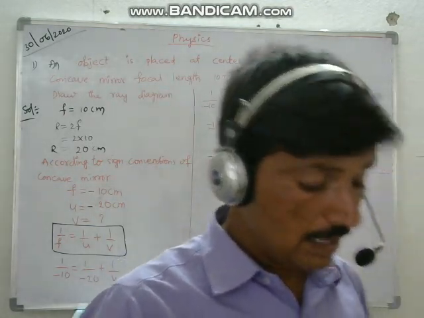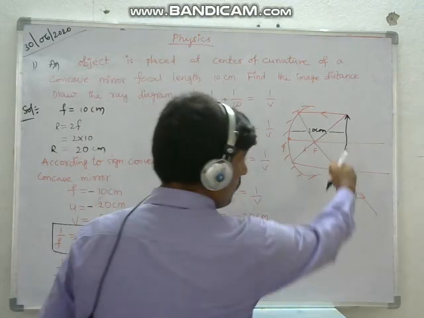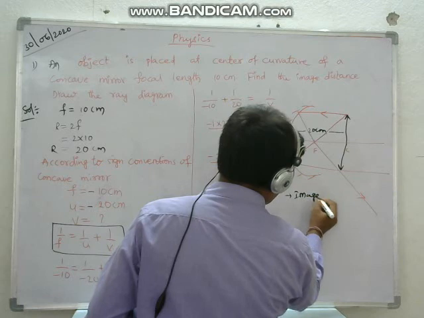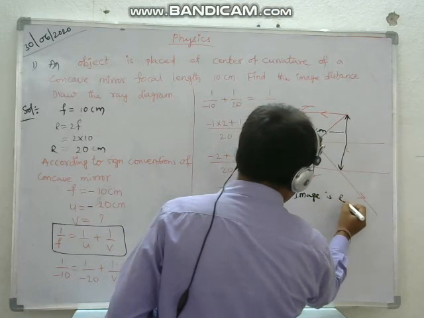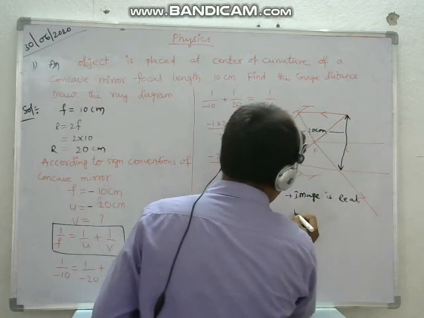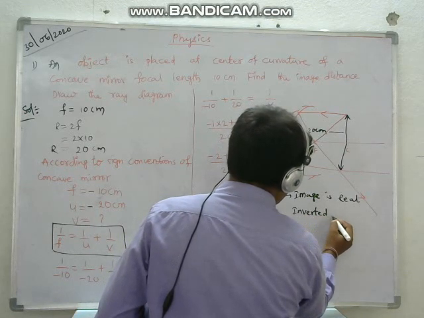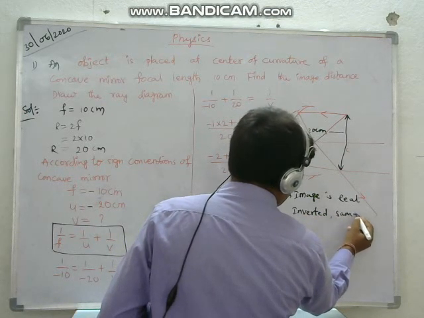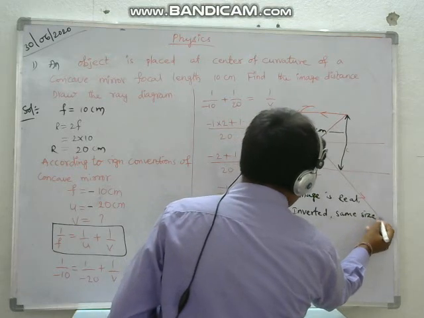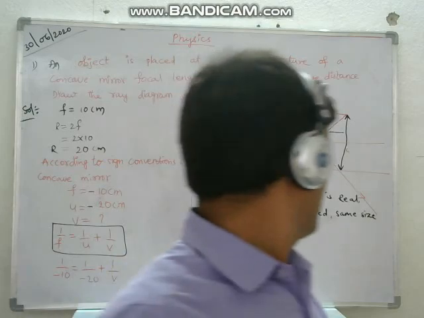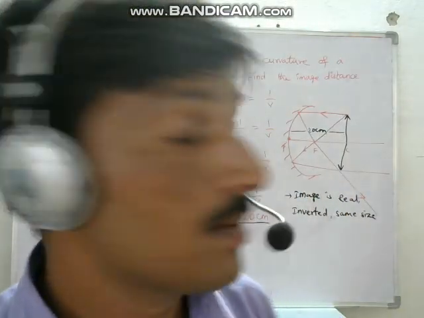This image is real, because the image is formed below the principal axis. It is inverted and the same size. The image is real, inverted, and same size.